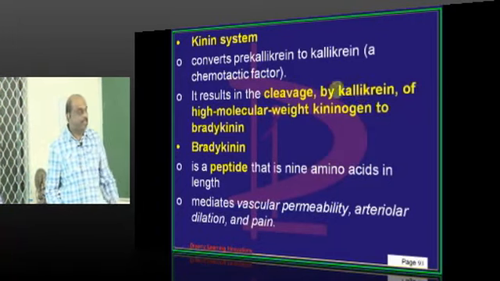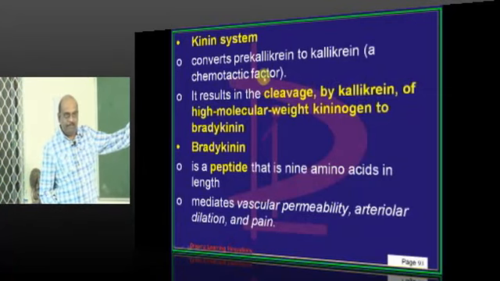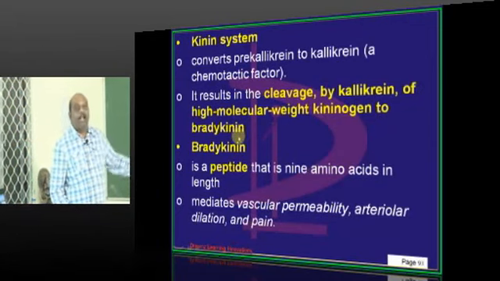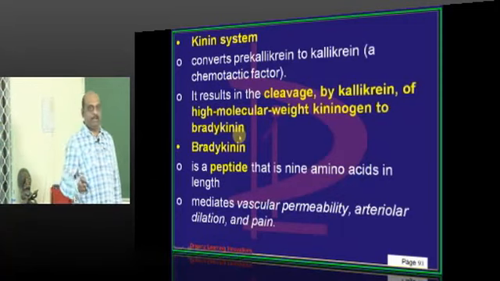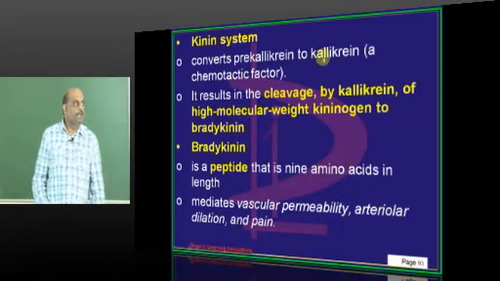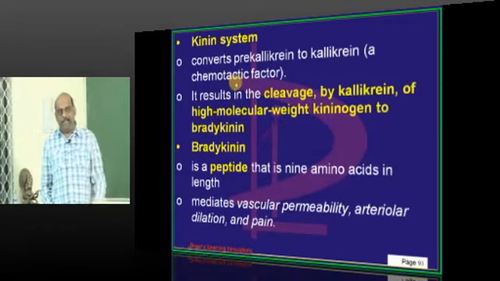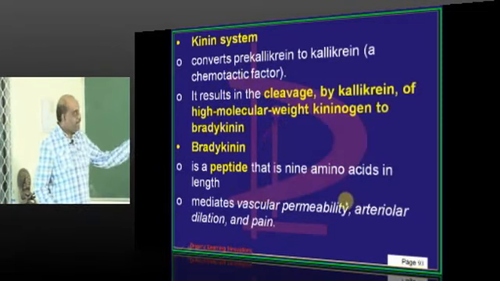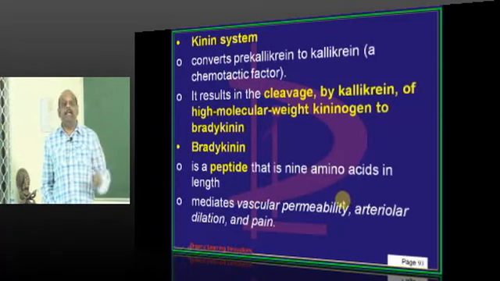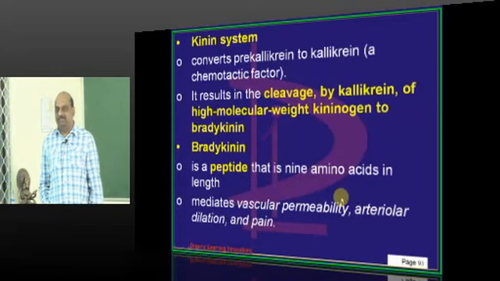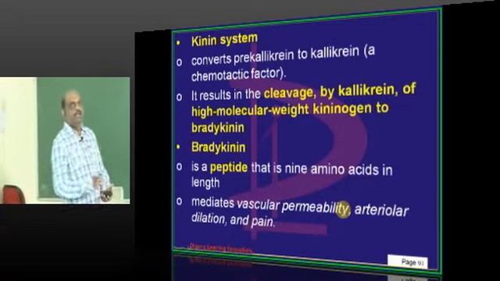One function is that it is a chemotactic factor, and also it will cause bradykinin formation, is what you have to fundamentally appreciate. Now, what is bradykinin? Bradykinin is once more a peptide containing 9 amino acids, causing vascular permeability, arterial dilatation. A very important point you need to know: pain, substance P. So, a lot of times this question is asked.